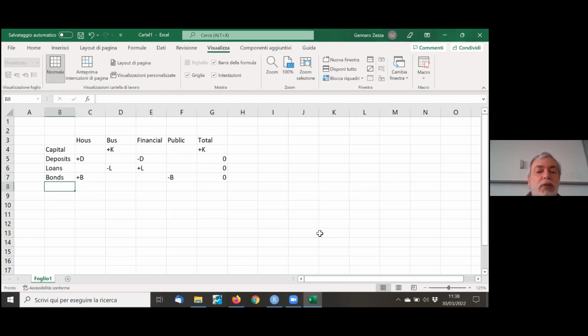Okay, so net wealth would be VH here, and as I said yesterday or the day before, we have to decide whether all of the investment is financed by loans, and therefore we have 0 here. Or if we have retained profits, and then here we will have the net wealth of the business.